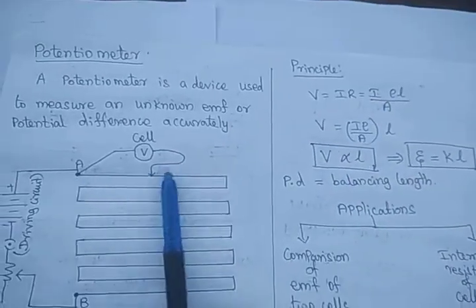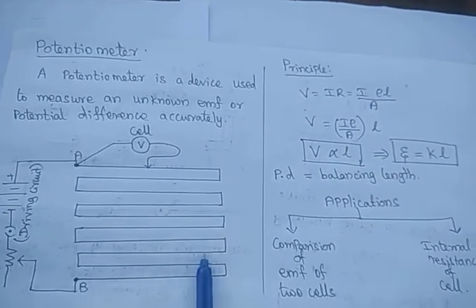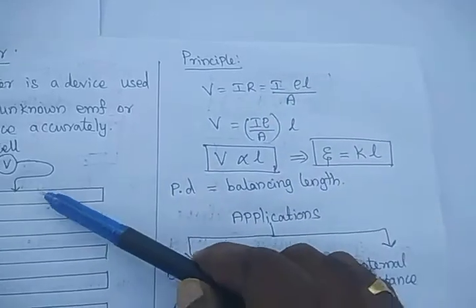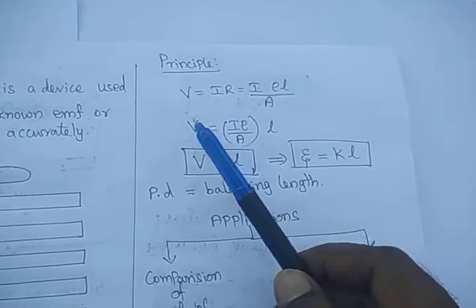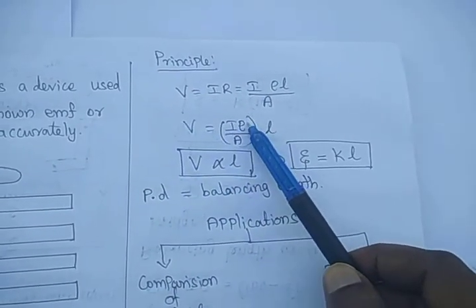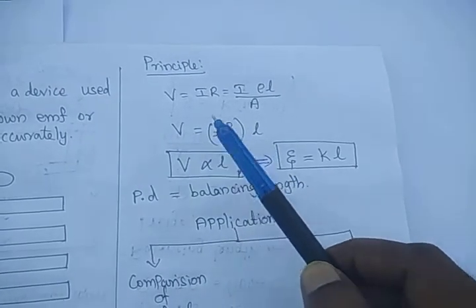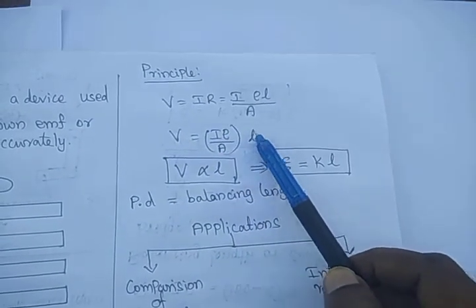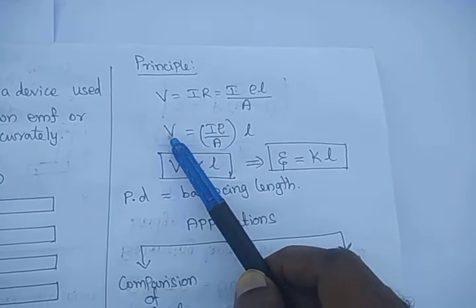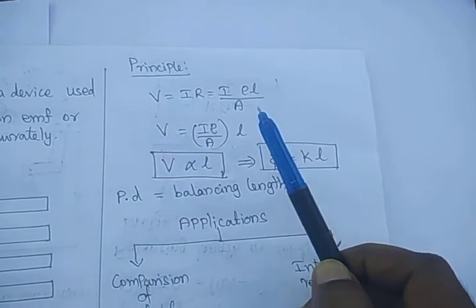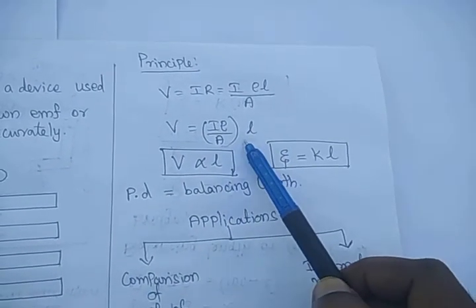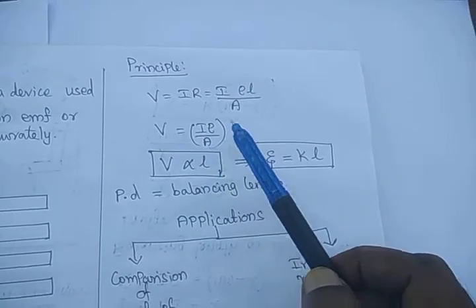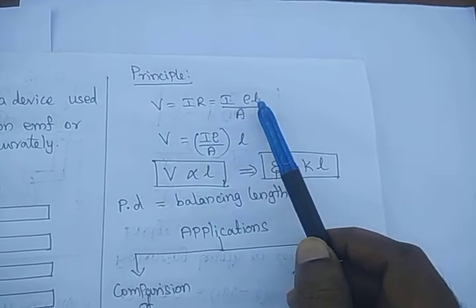So the current is flowing through the 10-meter wire in series manner. Current is also the same in all the 10-meter wires. So we can take I, rho, A, all these things as constant. Then L is the only variable. So the potential difference is proportional to length. In the previous case, in meter bridge, the resistance is proportional to length.